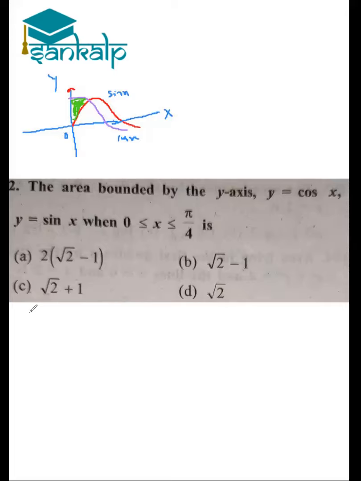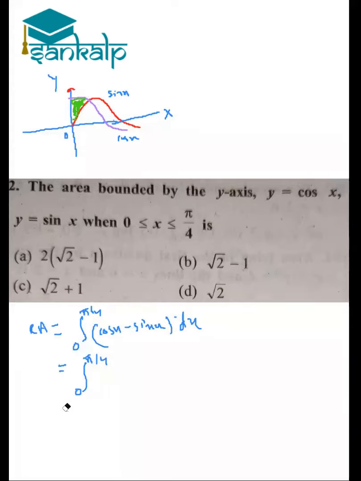So the required area will be equal to the integral from 0 to pi by 4 of cos x minus sin x dx. I'll directly integrate it now.